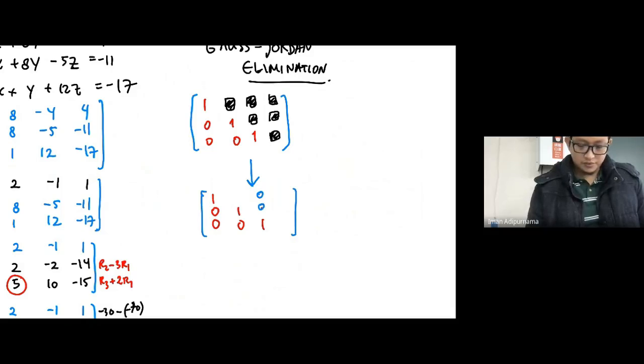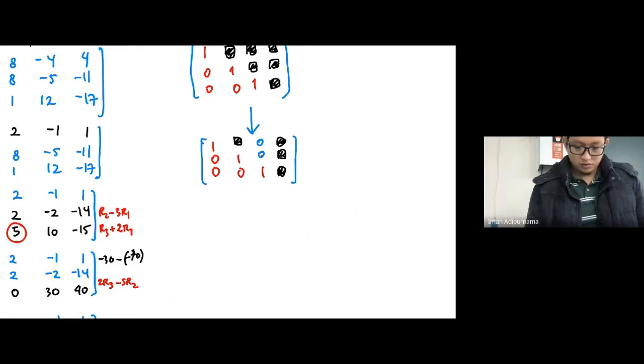So instead of substituting back, we can make 0, 0, 0.